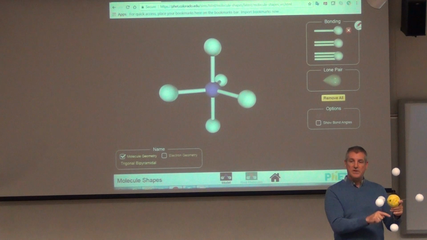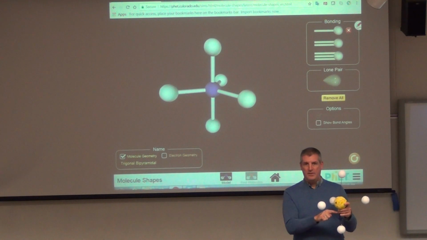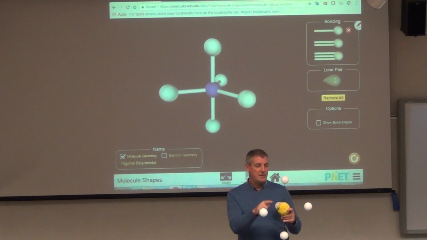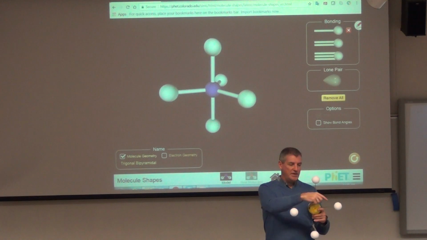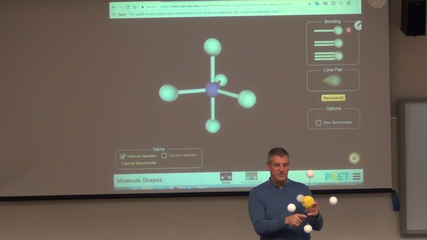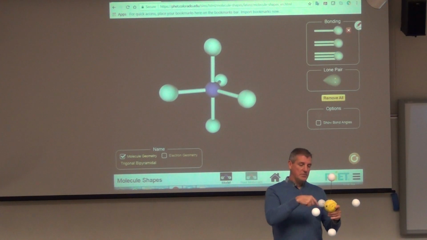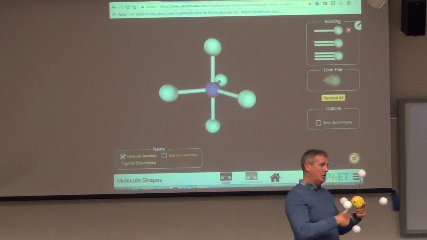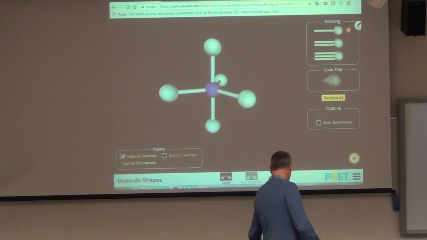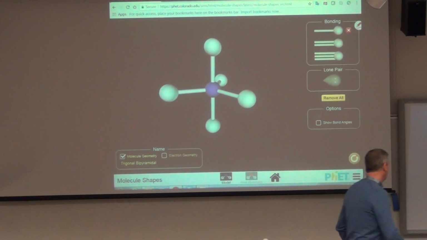A 180 between our top and bottom. And we're also going to have 90 between our top and any of our horizontal ones, or our bottom and any of our horizontal. So we're going to have 90, 120, and 180. Whole bunch of bond angles to identify.